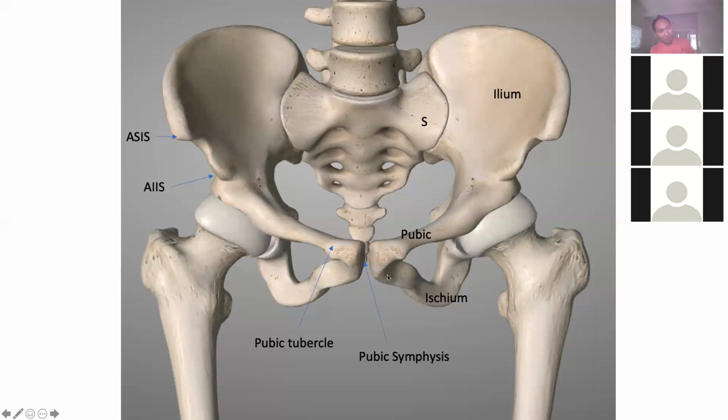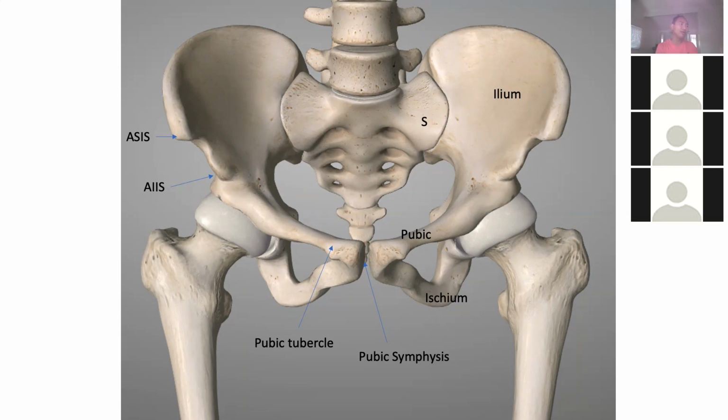The inferior pubic rami will go backwards and downwards and become a big bony bump, which is what we call ischium. So now ischium, pubic, and ilium make the pelvic bone, and right pelvic bone and left pelvic bone together with the sacrum build the pelvic girdle.